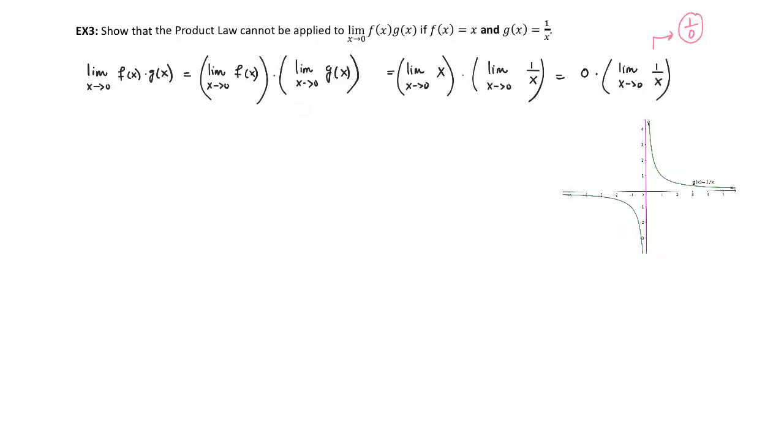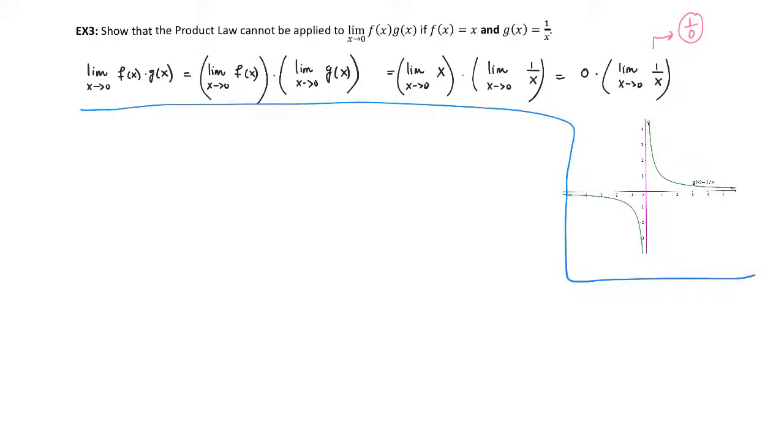So this is what I have in mind as an alternative. I want to start with the same limit that they're giving us, f of x times g of x, and go ahead and substitute the expressions right away. F of x is equal to x, and g of x is 1 over x.